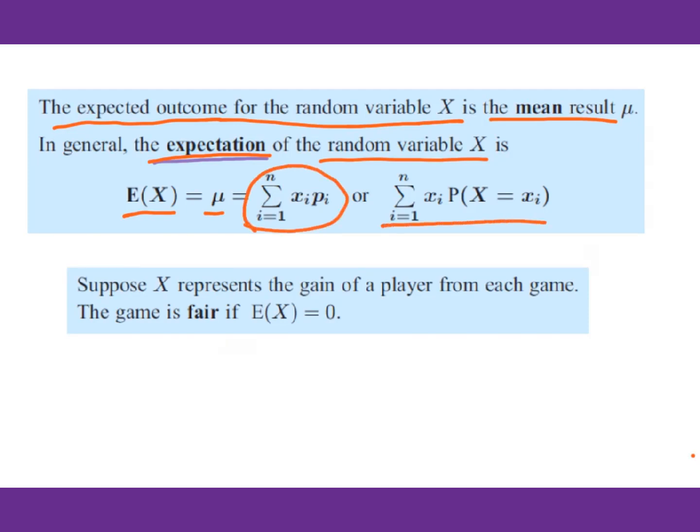Or you can write down this way. Suppose X represents the gain of a player from each game. Then the game is fair when expectation of a random variable X equals 0.